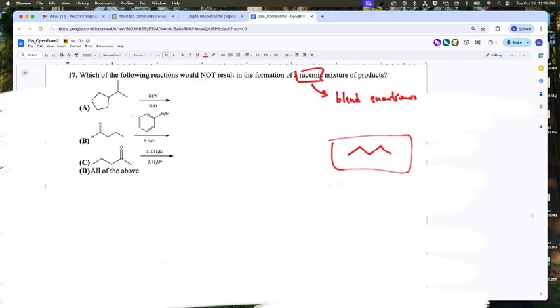This one's not going to be racemic. To be racemic, we have to have more than one enantiomer. But I would argue the blend isn't going to be perfect either. It's not a blend, it's 50-50, or 1-to-1. So we are getting two products out of the course of this reaction.